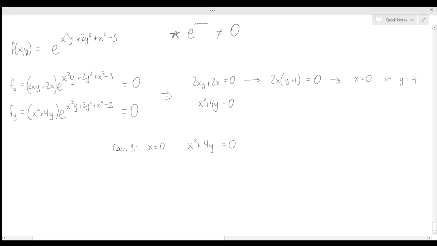And since x is equal to 0, I'm just going to plug in 0 for x. So that would just leave me with 4y is 0, which means that y must be equal to 0. And so that gets me the critical point 0, 0. Okay.